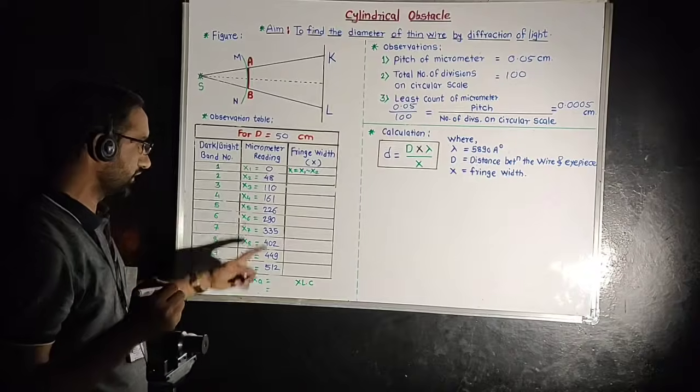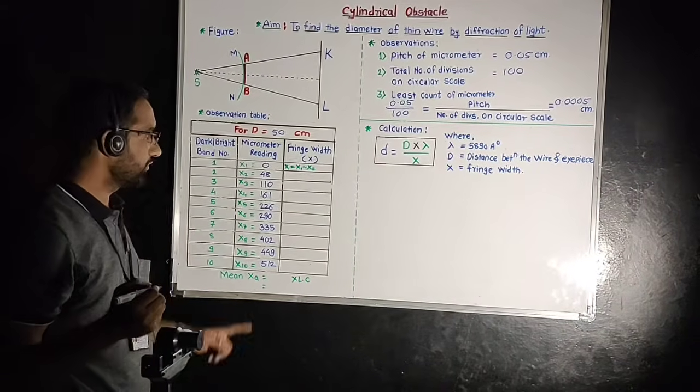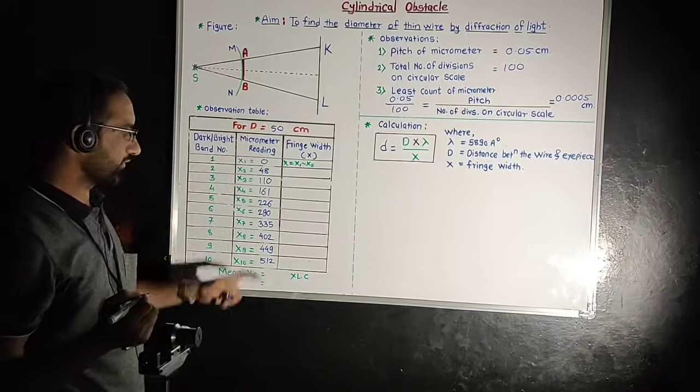So in this way I have taken the reading for different dark bands. Okay, now take the difference between two successive readings.